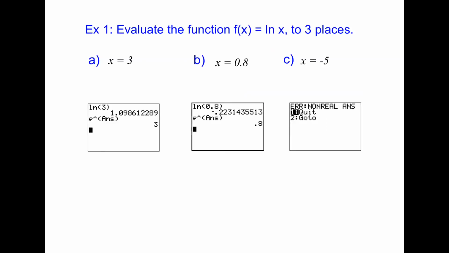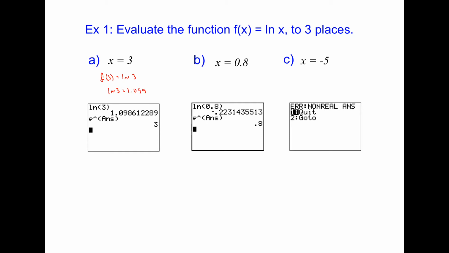Alright, now we're going to evaluate a couple of these using the calculator. So we're going to use f of x equals the natural log of x. We're going to round to the nearest thousandth. So if x is equal to 3, f of 3 is equal to the natural log of 3. So press the natural log in your calculator and you can see we get 1.0986. We'll round that to 3 places. So the natural log of 3 is approximately 1.099.